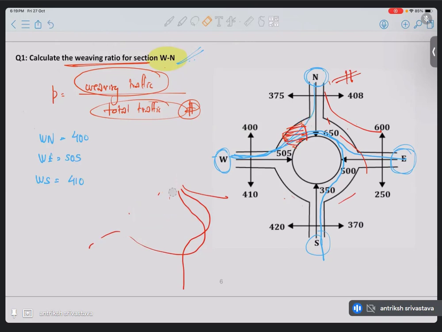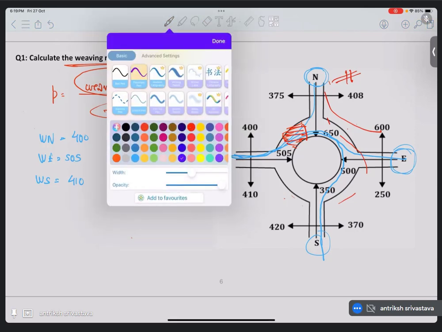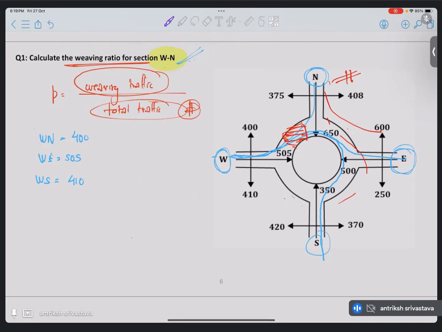Okay, now let's look at the east. If the traffic from east wants to go left, they will go directly without going through this. When they want to go straight, they will again go without getting to this section.